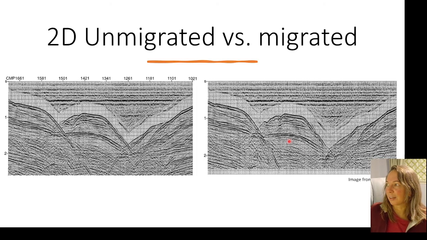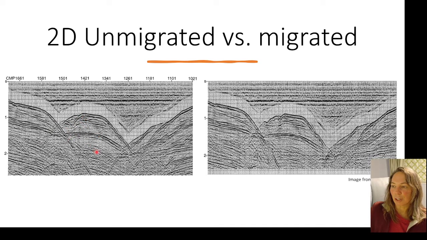And then here's another case for 2D, unmigrated on the left versus migrated on the right, from Liner's textbook. One of the things we often talk about noticing if we have a poor migration are these upside down smiley faces. You can see them a lot more on the left side. I'm trying to trace out a few of them.